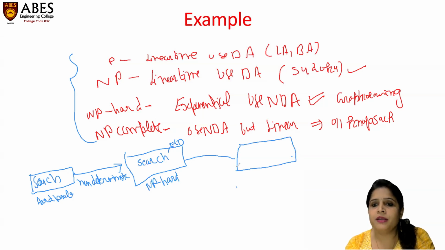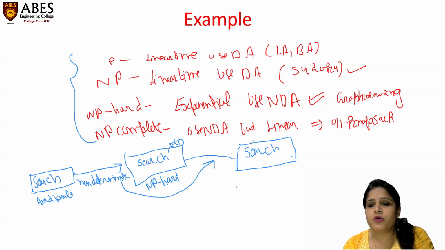After NP hard, if the researcher is able to convert this non-deterministic algorithm to generate a solution in linear time, then these kinds of problems come in the category of NP complete problems.